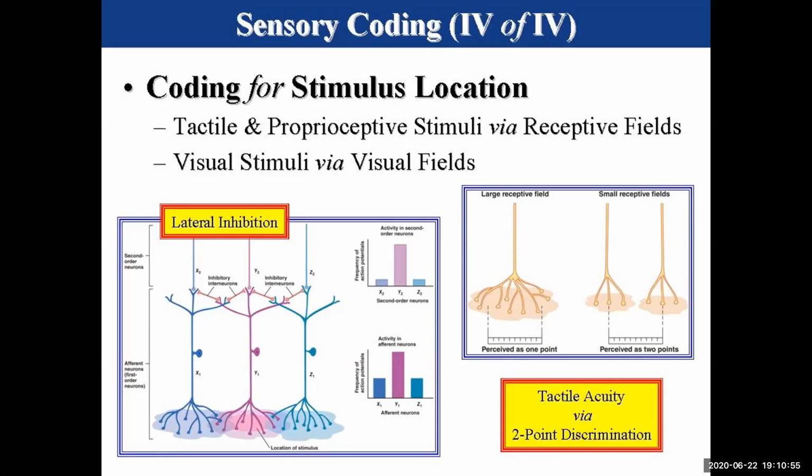Another one is for allowing the brain to locate the exact position of the stimulus, meaning where the stimulus comes from. For example, if you have a paper cut, you know exactly where that paper cut is.